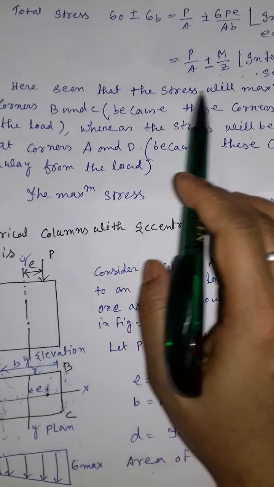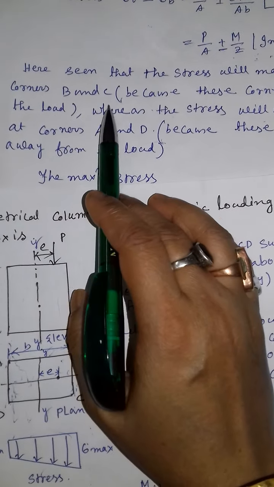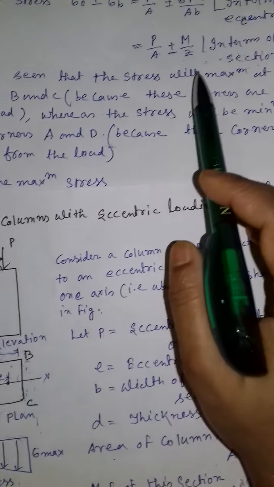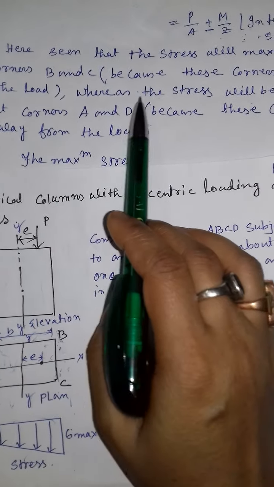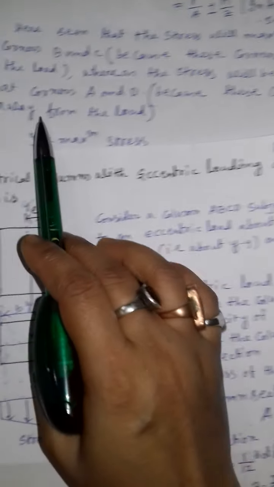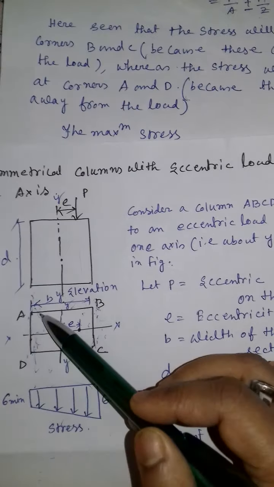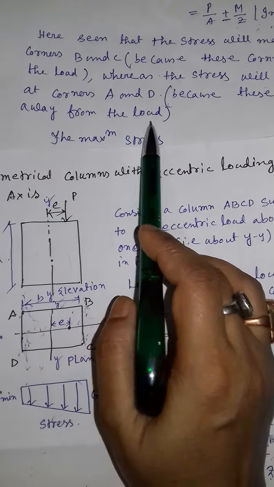Here we see that the stress will be maximum at the corners B and C because these corners are nearer to the load, and the stress will be minimum at the corners A and D because these corners are away from the load.